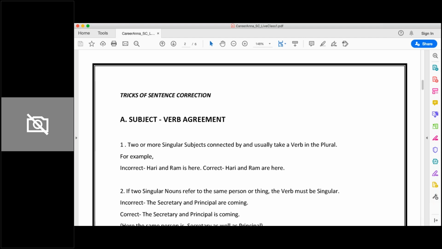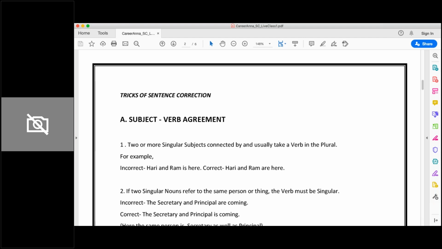Now, when we are studying sentence correction, when we are studying grammar from the perspective of sentence correction, again, I would like to reiterate, and all of you should always remember this: you are not learning grammar for your entrance examinations from the perspective of becoming a PhD in English. Your objective is not to become a PhD in English. Your objective is to solve the question correctly in the examination.